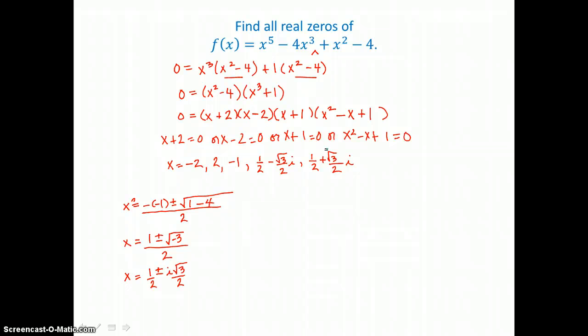So we accounted for those 5 zeros for this polynomial function of the 5th degree. 3 of them are real and rational, and 2 of them are imaginary. Now imaginary zeros will always come in these conjugate pairs. So if there's 1 imaginary zero, there's 2.